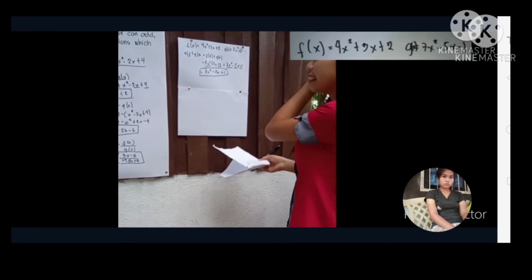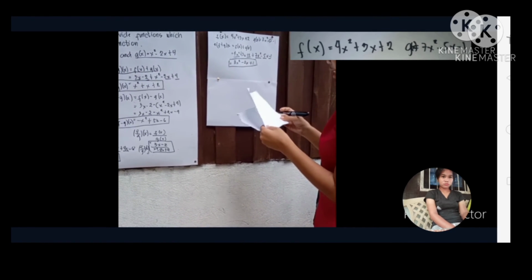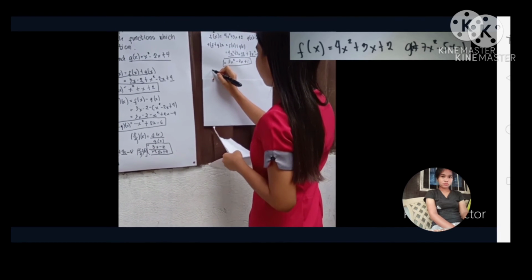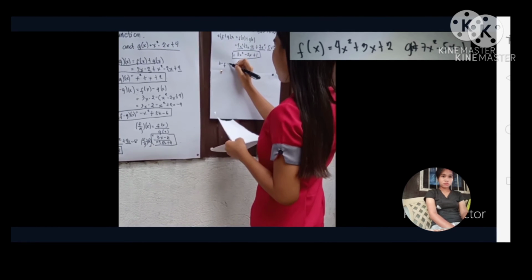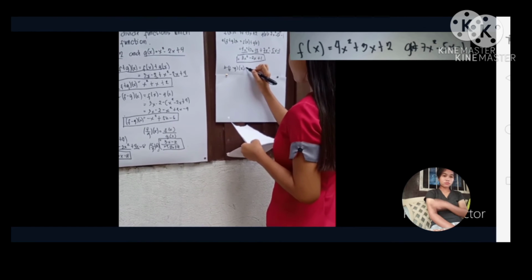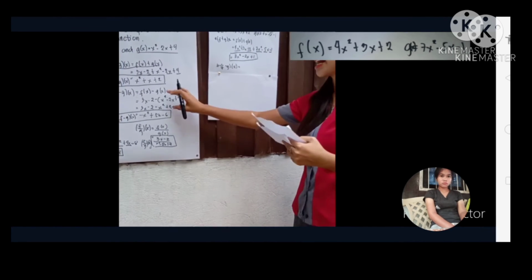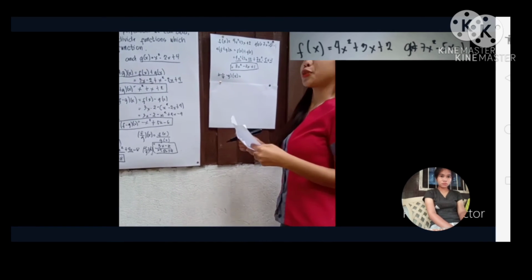Then, the last one is we need to find f minus g of x. Here we apply factoring.